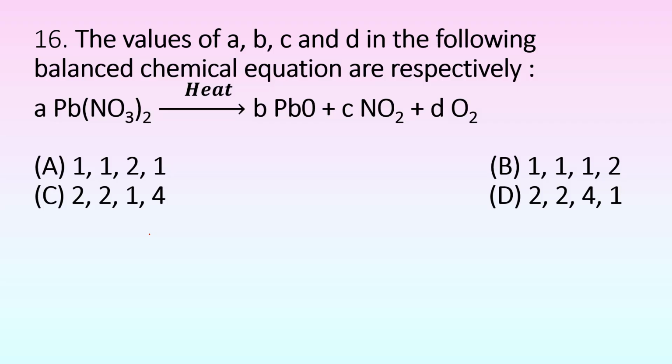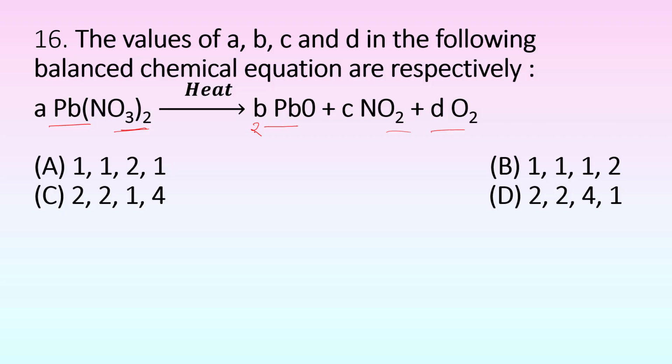Next, question number 16. The values of a, b, c and d in the following balanced chemical equation are respectively: a Pb(NO3)2 gives b PbO plus c NO2 plus d O2. Here we can see that Pb is balanced because on both sides it is 1, and for oxygen here we have 3 multiplied by 2, that is 6 oxygen, but here we have 2, 2 and 1, so we multiply by 2 to balance the oxygen.